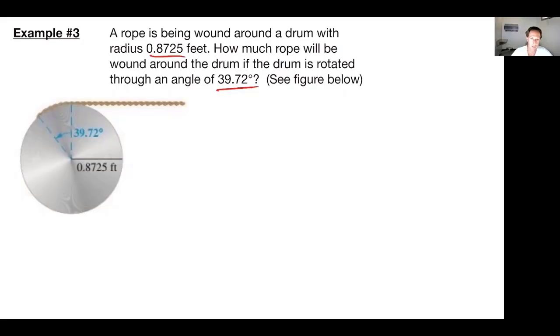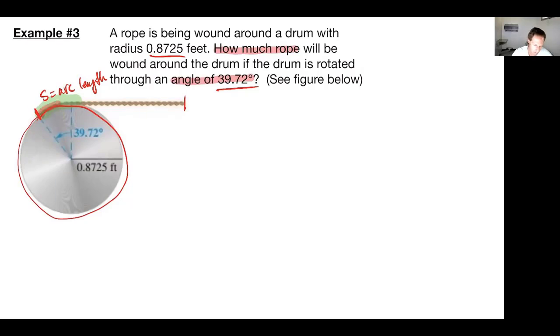Okay? And when dealing with this, if we want to know how much of this rope that we're going to have to cut, just this section, which means we're looking at an arc length. So again, what are we trying to find? Well, remember, we're dealing with how much rope will be wound around the drum if the drum is rotated only by that angle there.